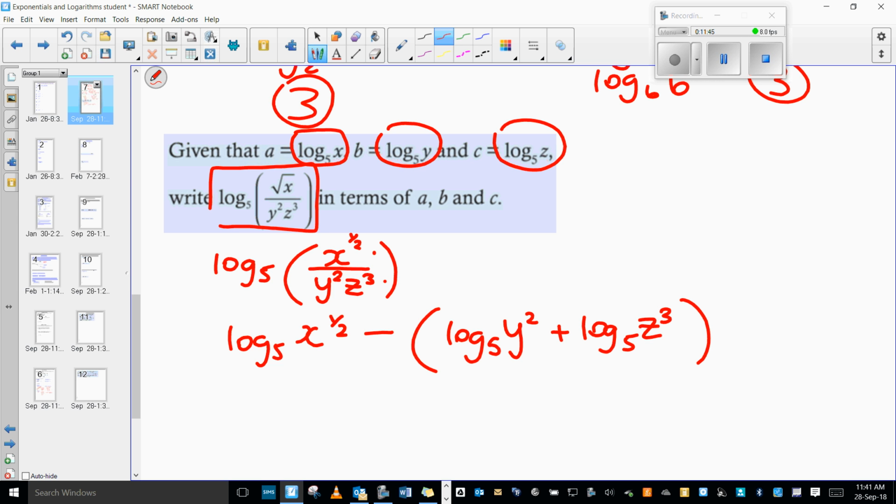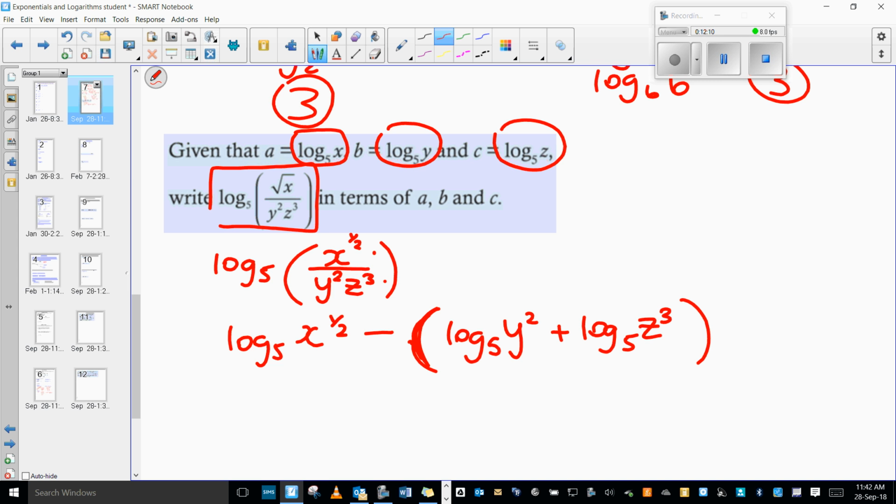So, as I said to you, we do things in the opposite order, like solving an equation. We undo things in the reverse order. So the first thing I've done is split it. Now this bracket is important. You either have this bracket and a plus sign because the y squared and the z cubed are being multiplied, or you would subtract both of them.